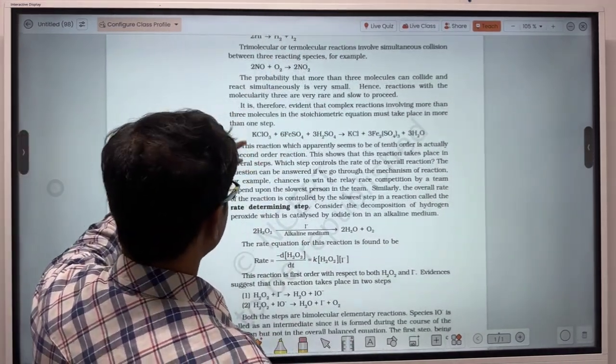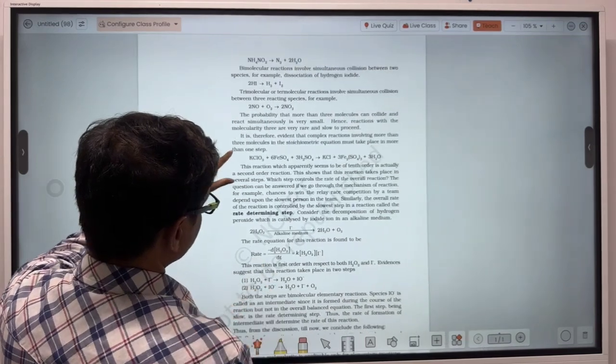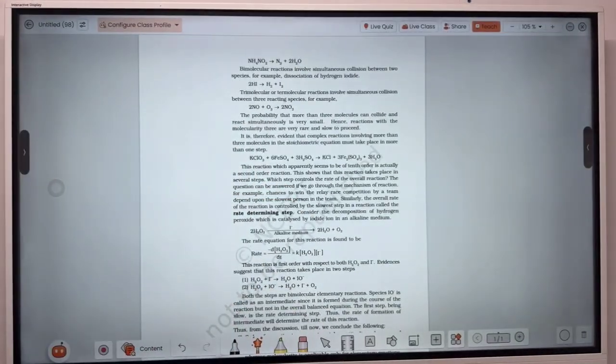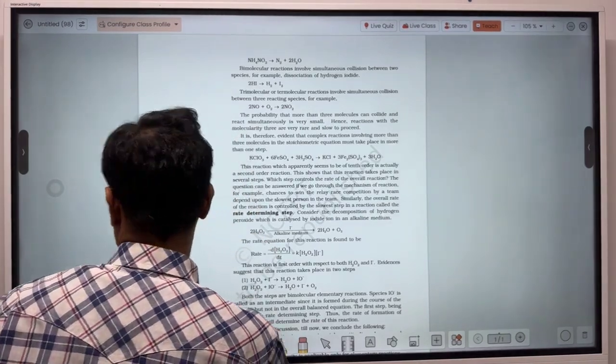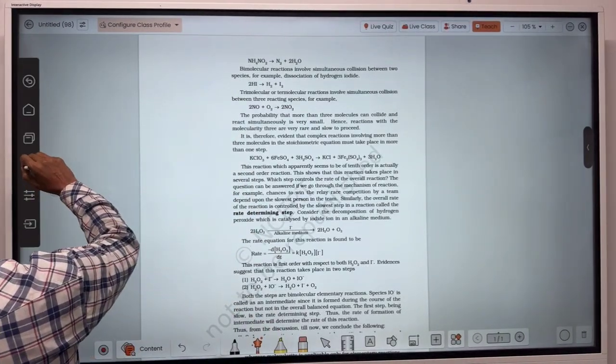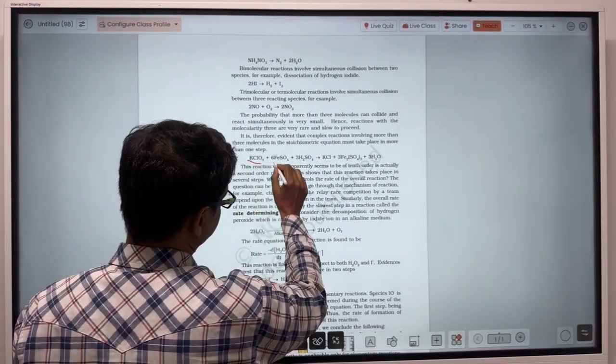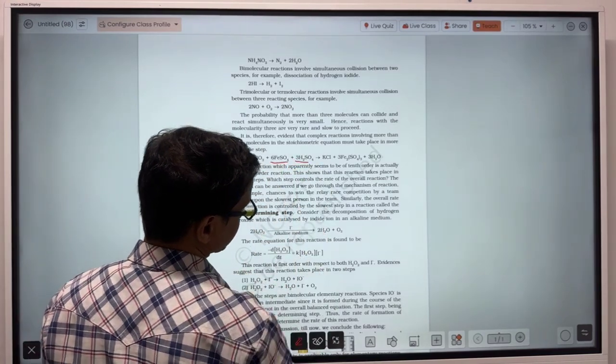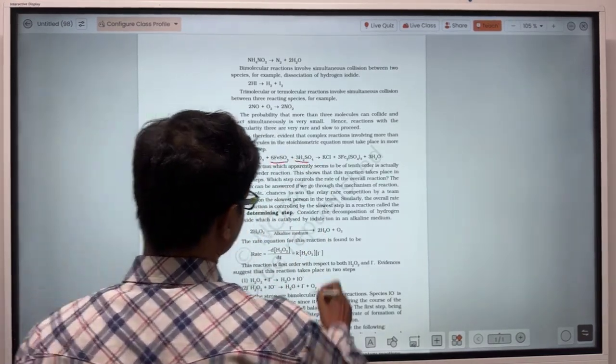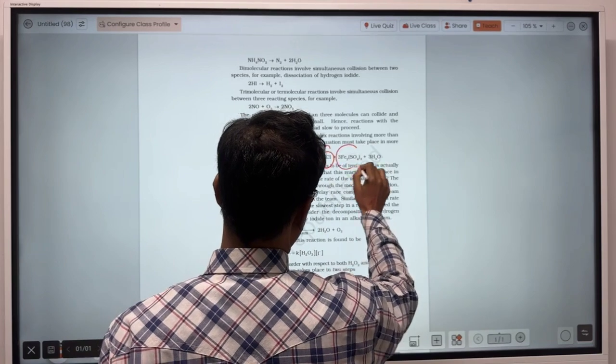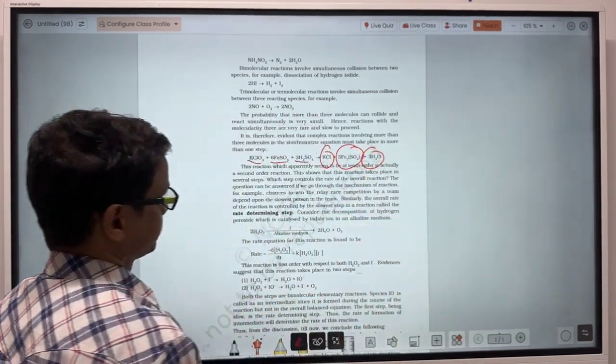Another example given is that KClO3, potassium chlorate, reacts with FeSO4, ferrous sulfate, in the presence of H2SO4, and there is formation of KCl, Fe2(SO4)3 and water.